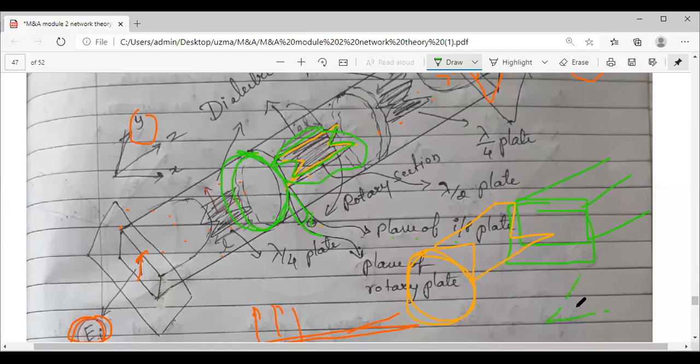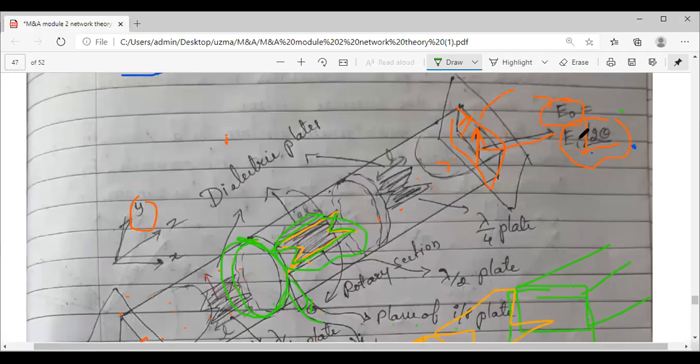So something like this, right? So this is your 30 degrees. If this is the plane of your circular section, then the plane of the dielectric plate will be like this. So the angle between them will be 30 degrees. So if I set this theta to 30 degrees, at the output you will be getting 60 degrees, 2 times theta.